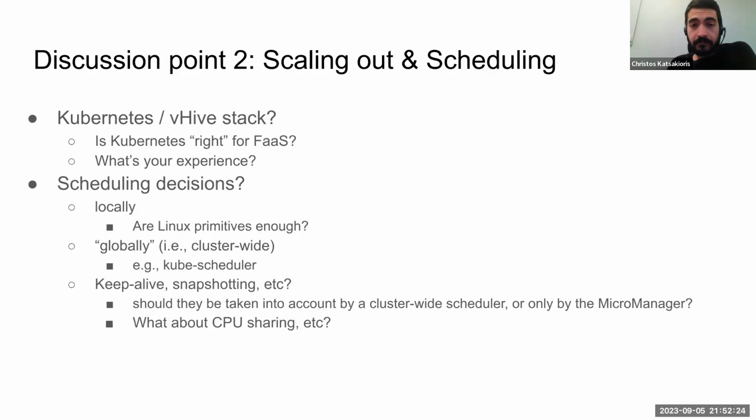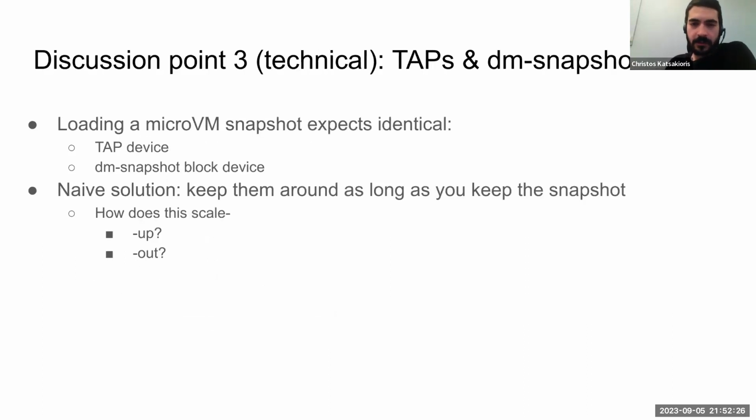So the last discussion point is purely technical. It's something that we haven't really looked into, though it somehow dictates some design decisions. At the moment, loading a snapshot requires Firecracker to find the identical tap device for networking.